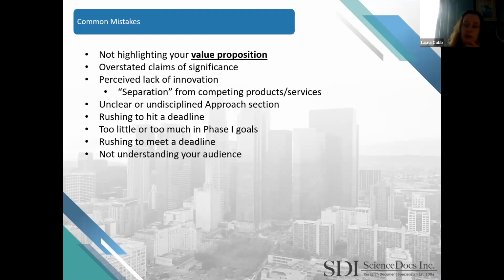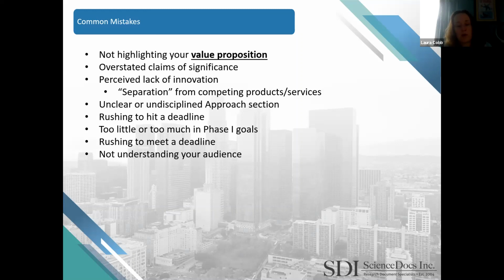Make sure that you're understanding your audience as well. So the issue with this is you don't actually know who's going to be reviewing your proposal. So this is why we talked about this a couple of weeks ago, but this is why it's so important to try and target your proposal to the correct study section.